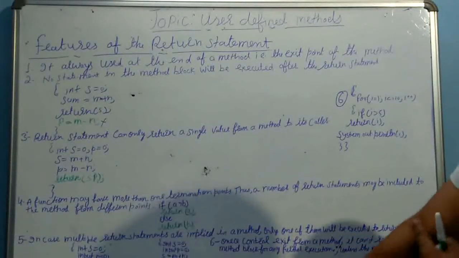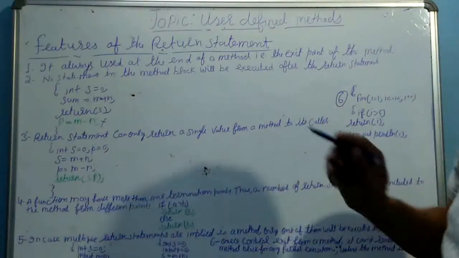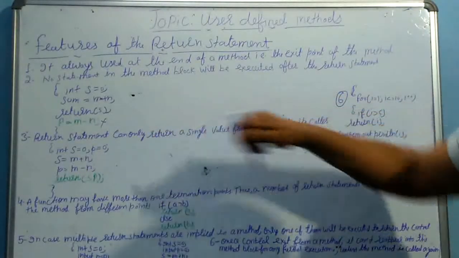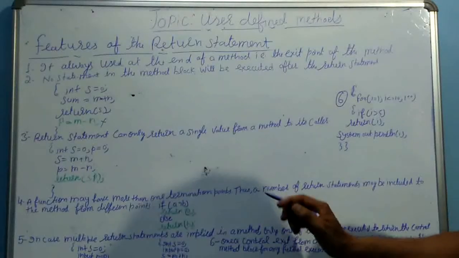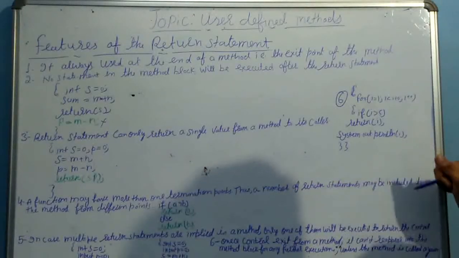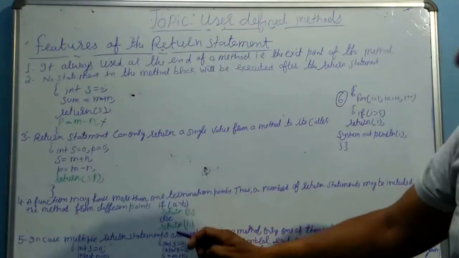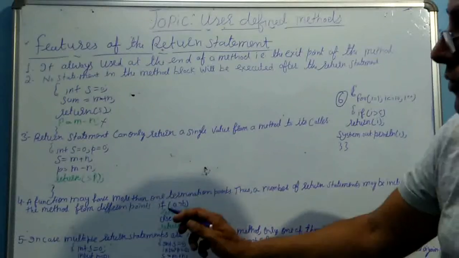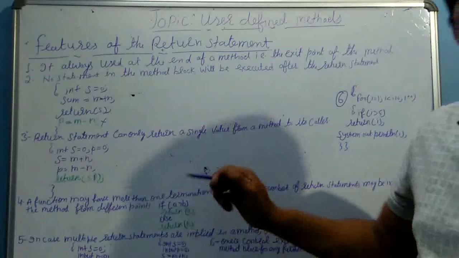The point is that a function may have more than one termination. A number of return statements may be included in the method at different points. Means there will be one condition: if a is greater than b, then return a, else return b.